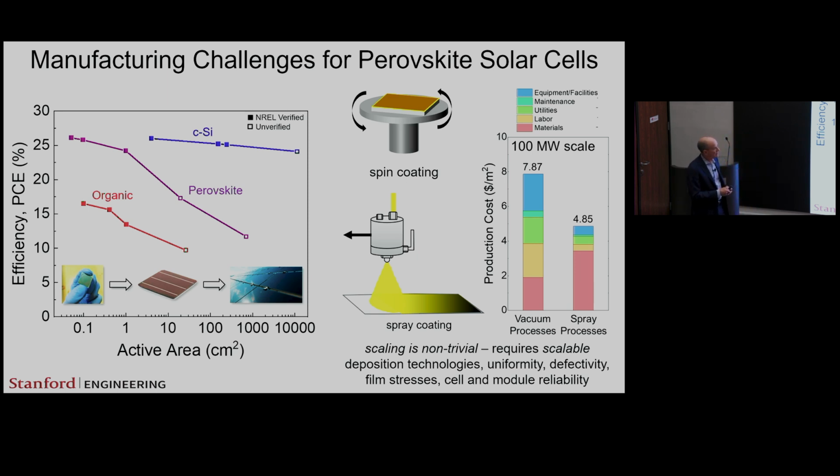But at the end of the day, we're interested in using some form of scalable manufacturing. The one that we're working on most is spray coating, spray with plasma, as I'll mention. I'm going to show you the cost benefits of being able to do these kinds of scalable processes like spray processing. And doing it in open air means you don't need to pull a vacuum, so there's a significant improvement in the cost basis for doing it this way.